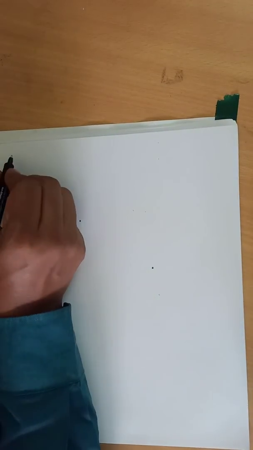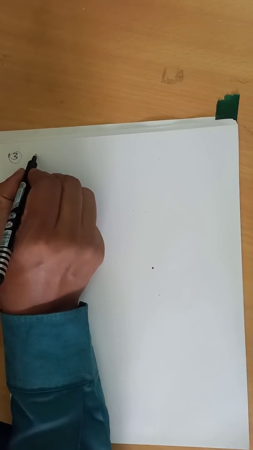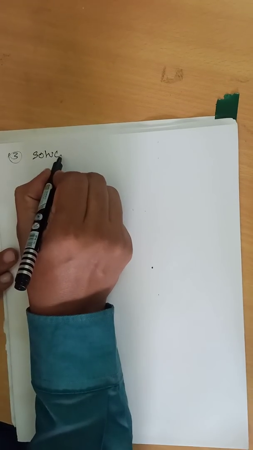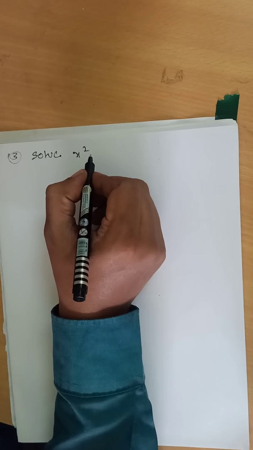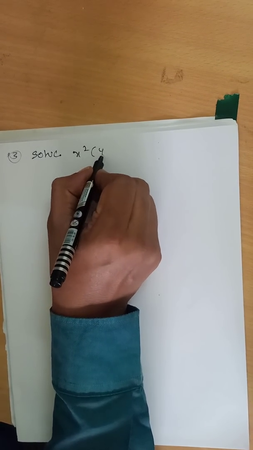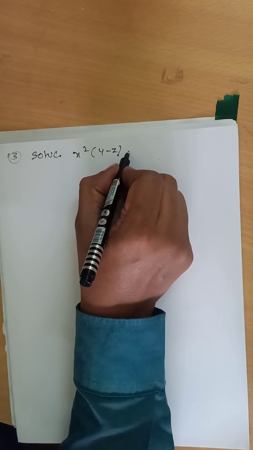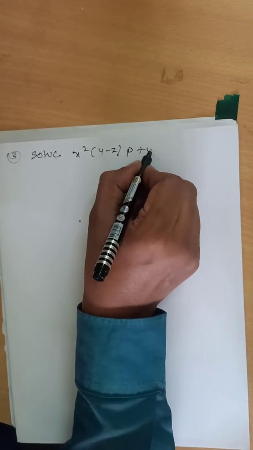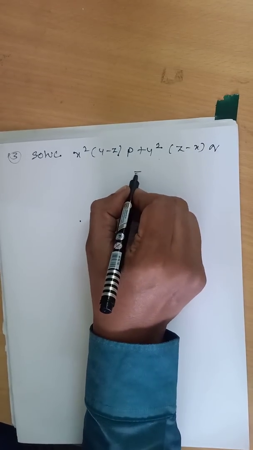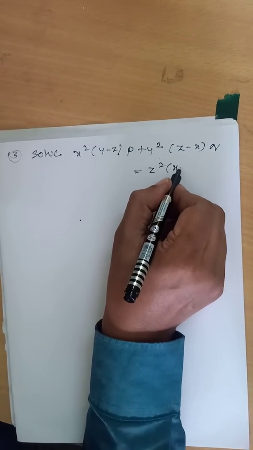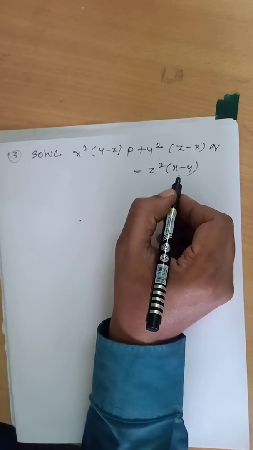Third problem, solve x²(y − z)p + y²(z − x)q = z²(x − y).